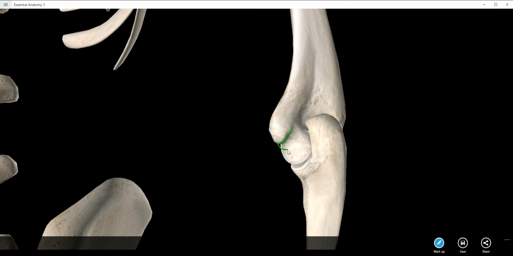It's right here, this groove. Now this is a groove for our ulnar nerve, and when you hit your ulnar nerve, your pinky and half your ring finger tingle, and that's what we call our funny bone. We put pressure on our ulnar nerve against this groove. So this structure is called the ulnar groove.